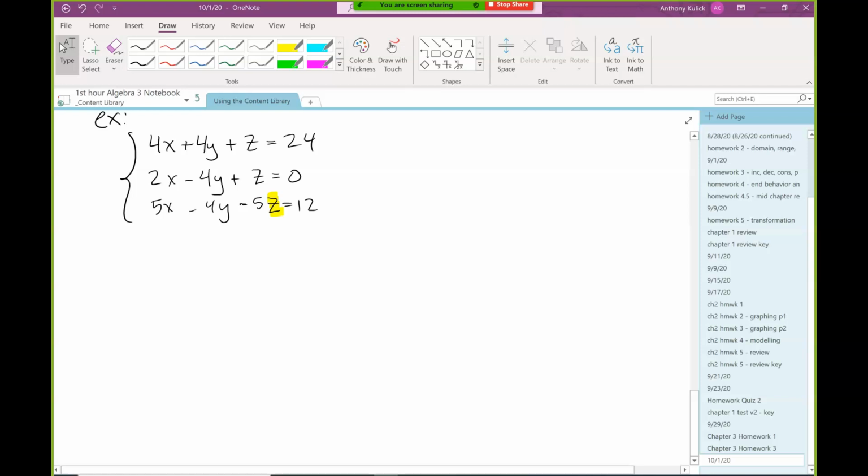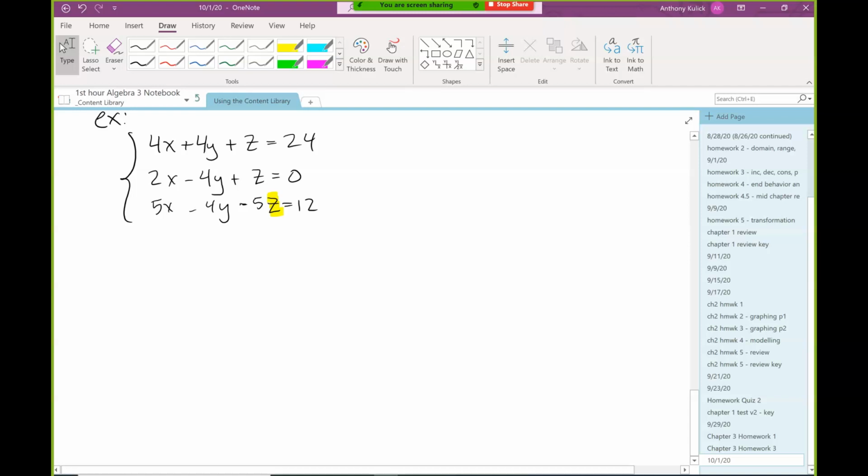We're then going to use that to plug back into the other two equations, which will create two variable equations. We're going to simplify those down and then take those two variable equations and repeat that same process. We'll pick a variable from one of the two and isolate it and plug it back into the other, and that'll leave us with a one variable equation. And then from there, it's easy to solve.